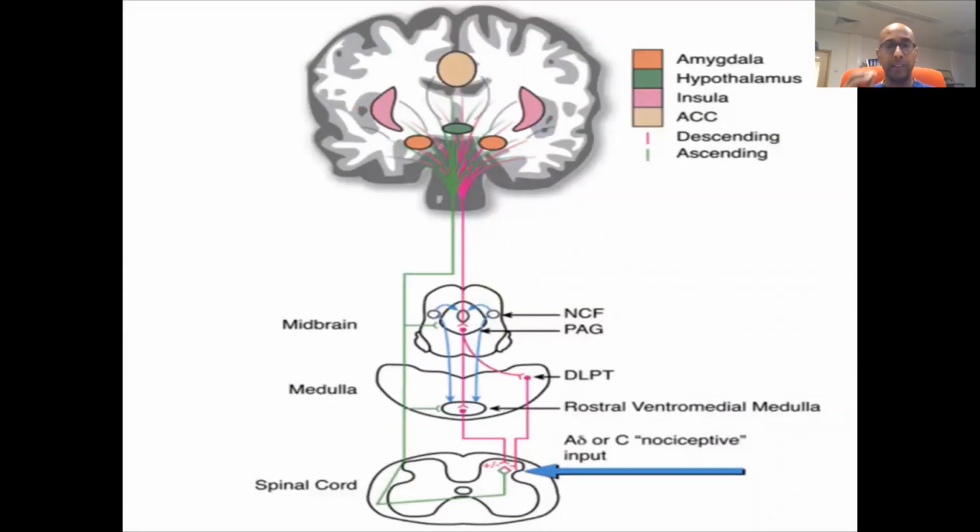And this can be summarized within this diagram, whereby one has input at the spinal cord level. There may be changes in the way that this is modulated before it is then transferred or processed within the brain, and I'll come on to that in a short while. You can see from this diagram that there are the pink descending tracks as well as the green ascending tracks, and so the balance between painful input that goes to the brain can be offset somewhat by descending input, often known as descending inhibition, which can block out painful stimuli.